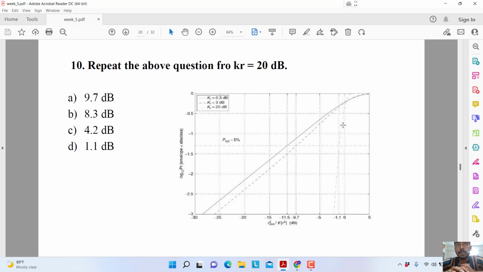Okay, let's look at the curve. This curve represents the 20 dB and it has P outage of 5% at that point. So the answer is 1.1 dB. If anybody has a doubt, can ask.